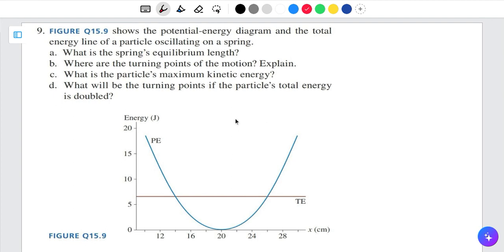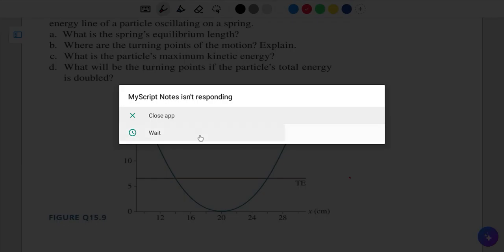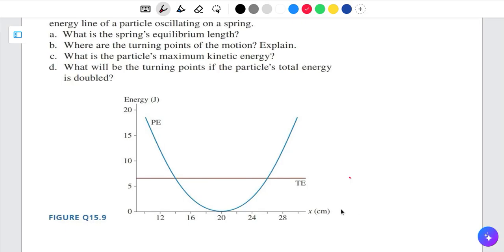As you can see, in the x-axis we have x, which is representing the length in centimeters.